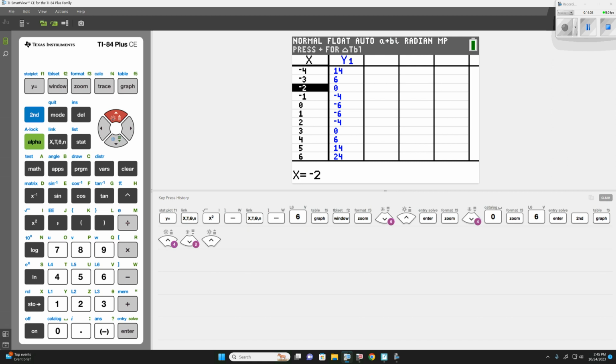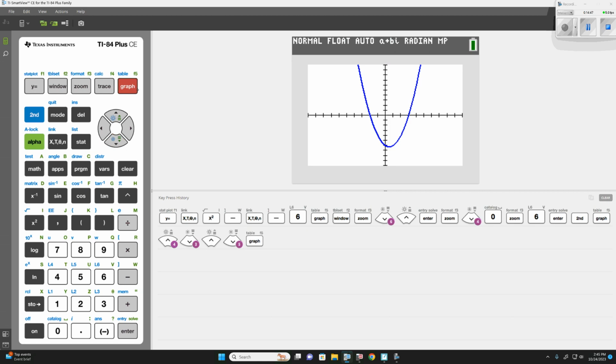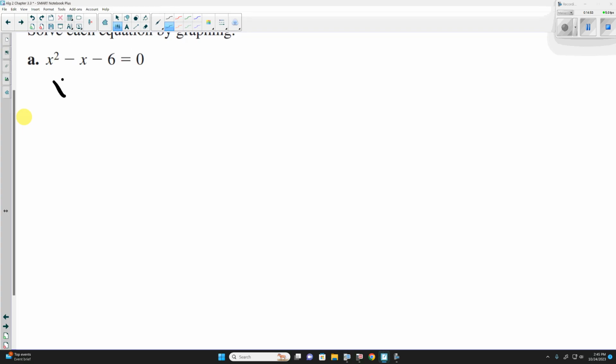When x is negative 2, the y value is 0, and when x is 3, the y value is 0. If I look back at the graph, how many times does it cross the x-axis? So we should have 2. So x is equal to negative 2 and x is equal to 3.